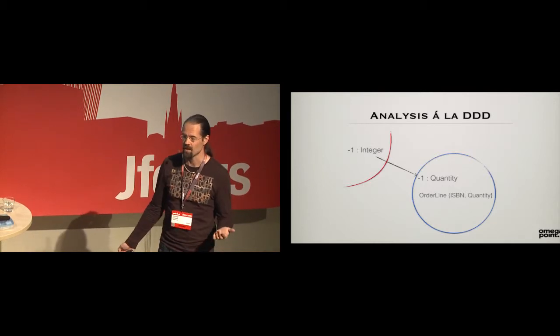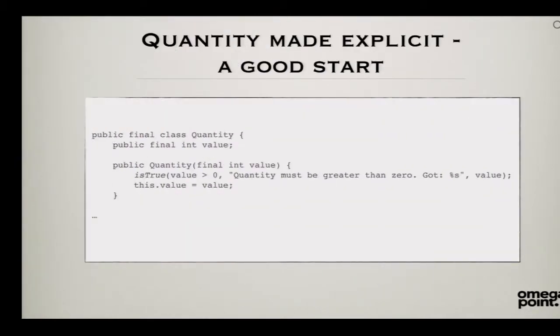To be very specific, we make it into a class. A good old-fashioned domain-driven design value object class. It's immutable. There are a lot of finals over here. And it's got a contract. And we see that we are not only forbidding negative values, we are explicitly allowing only strictly positive ones.